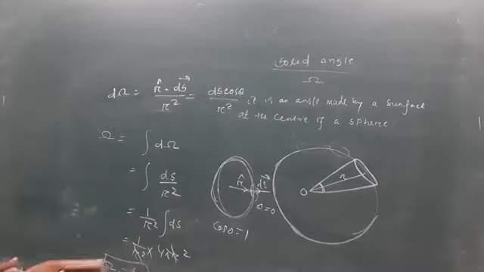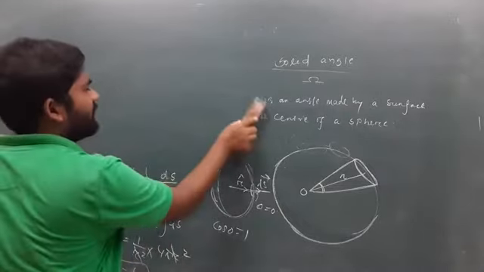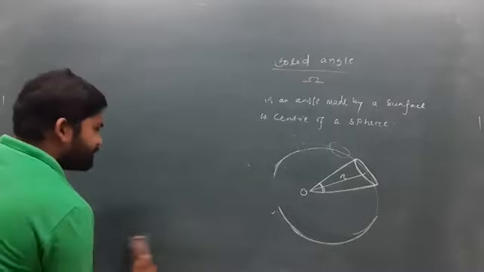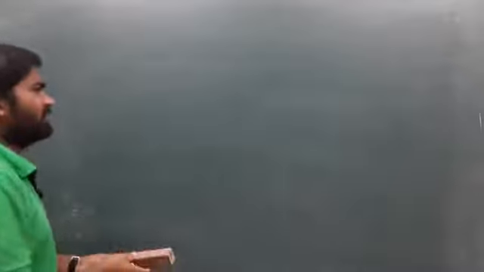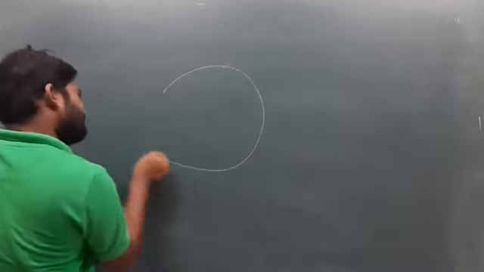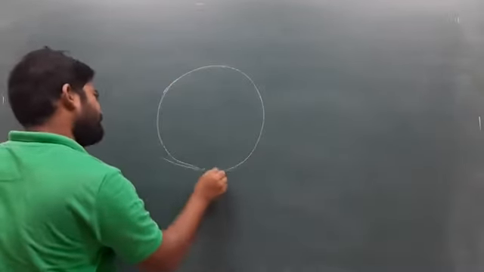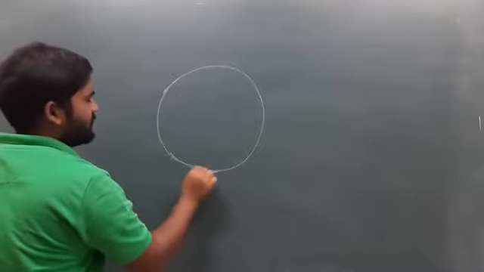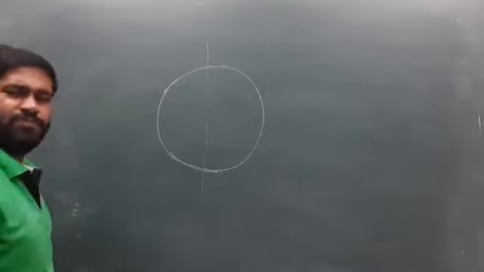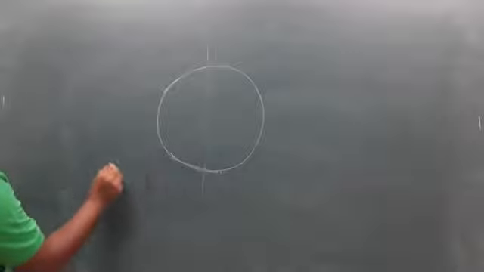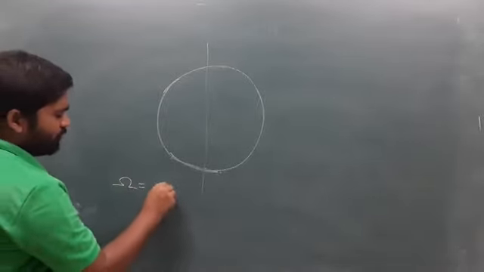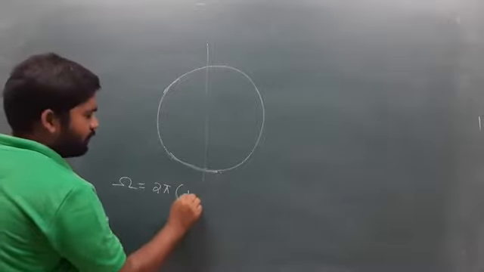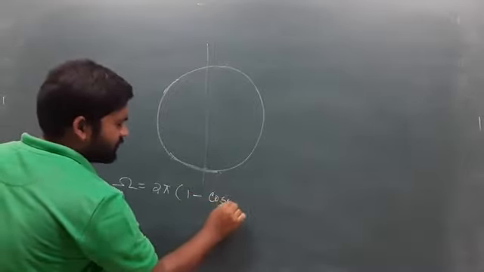Another way of determining the solid angle: this one is a sphere. Another definition of the solid angle is omega equal to 2 pi into 1 minus cos theta.